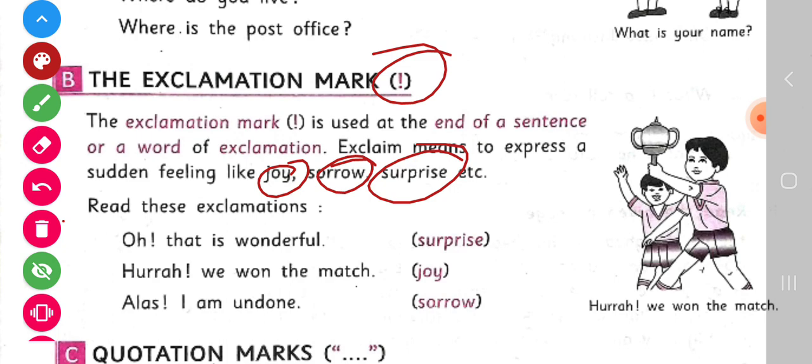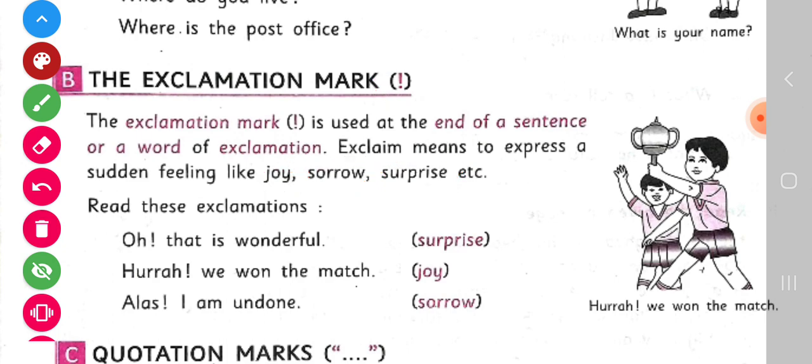It means, children, when you feel something and you express that feeling suddenly, that means the sentence you are using is exclamatory, and the word you are using is an exclamation word. Okay. So children, when you use this mark, that means the sentence or the word is exclamatory.